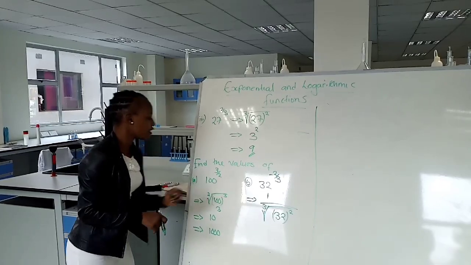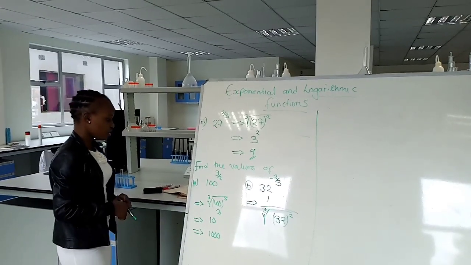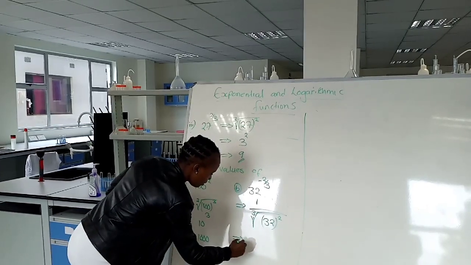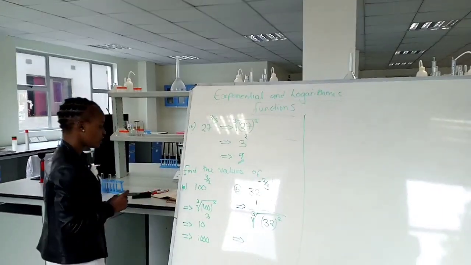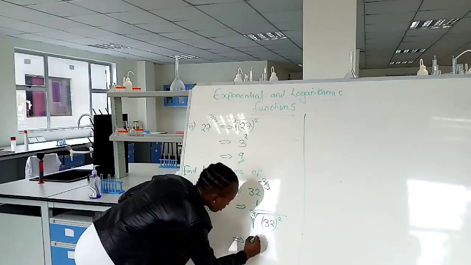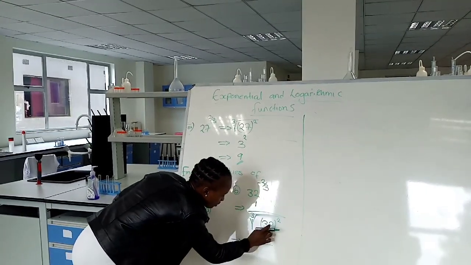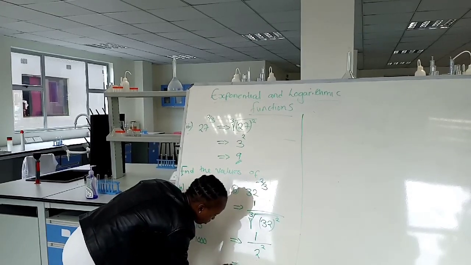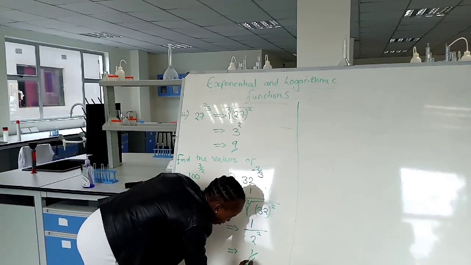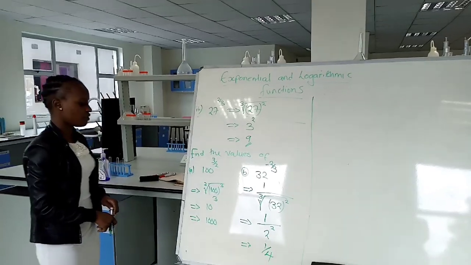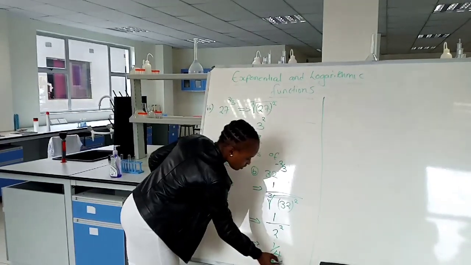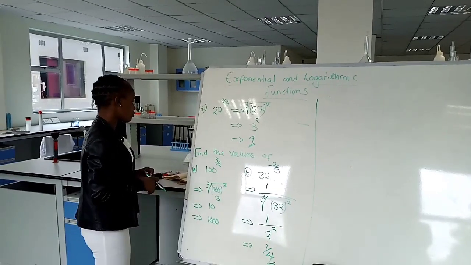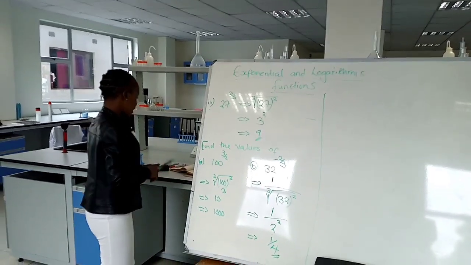So we need to find the cube root of 32. And from here, when you find the cube root of 32, that is just 2. So this is going to be 1 over 2 raised to the power 2. Then we have 1 being divided by 4. That's all, and we are done with that. Then we're going to move and look at other questions.